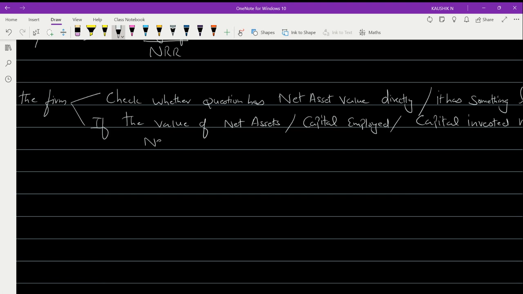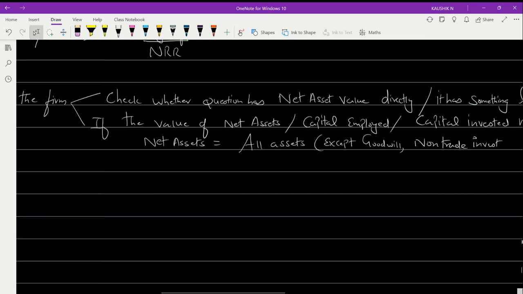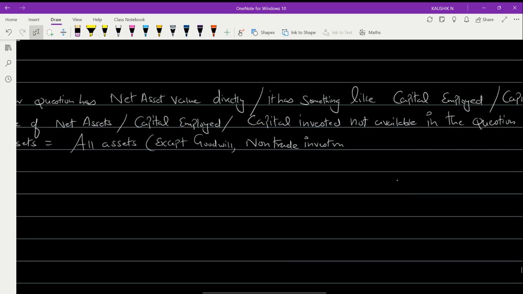So net assets is equal to the amount of all the assets, all assets except these items, that is except goodwill, non-trade investments, and fictitious assets.